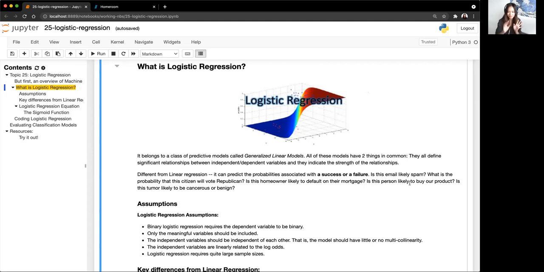What's neat about logistic regression is that some models will strictly tell you, okay, this is class 1, this is class 2. With logistic regression, you get a probability associated with it. So let's say you want to predict whether a tumor is cancerous or benign. From logistic regression, you can extract the probability that your model thinks it is cancerous or benign. So that's something that can be pretty helpful too.